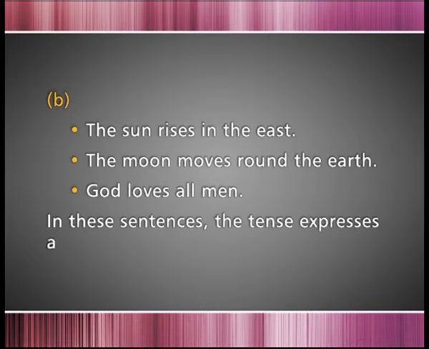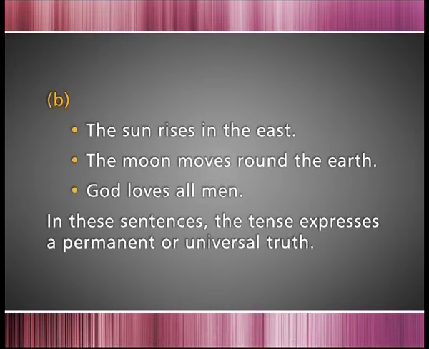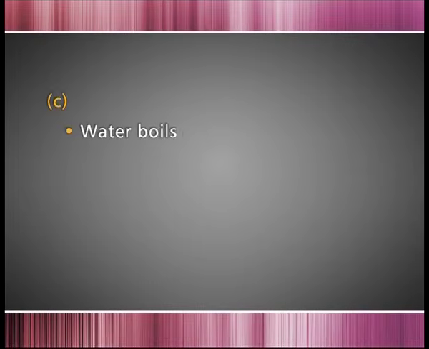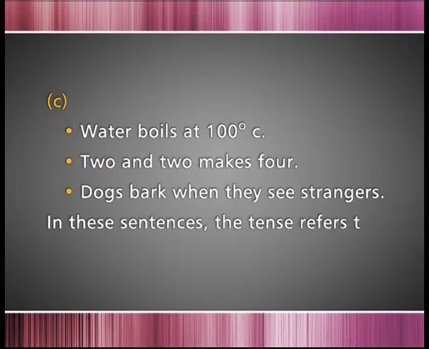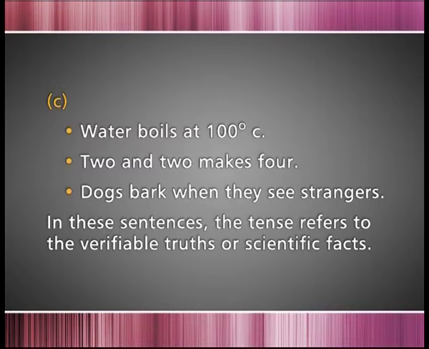In these sentences, the tense expresses a permanent or universal truth. C. Water boils at 100 degrees Celsius. 2 and 2 makes 4. Dogs bark when they see strangers. In these sentences, the tense refers to verifiable truths or scientific facts.